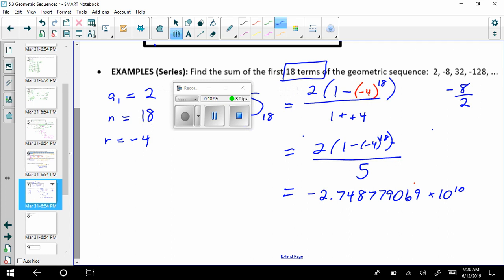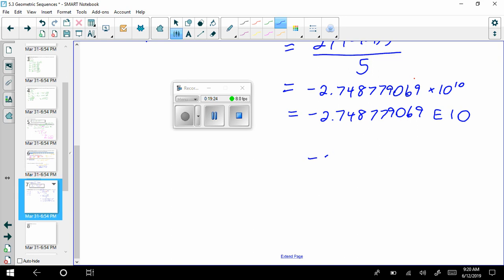Another thing that you might see the calculator say, it depends on the calculator, it might also say this. If it says E10, that just means exponent of 10. It literally means this scientific notation. So if I were to actually write this out as a whole number, this is what you would see. I would just move my decimal 10 places to the right.